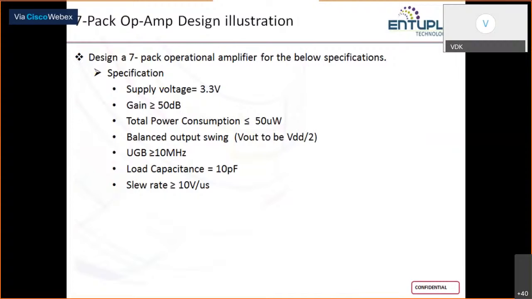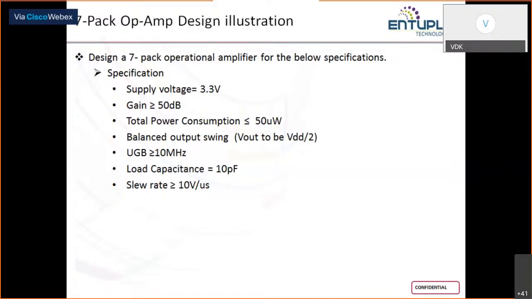All right, so the specifications actually we have is supply voltage 3.3 volts, DC gain equal to or greater than 50 decibels. Total power consumption is 50 microwatts. Is that correct, Sijo? Yes, sir. Okay, and then balanced output swing.